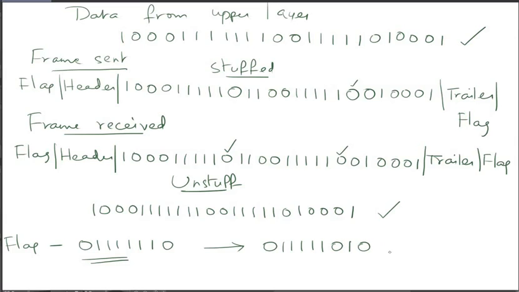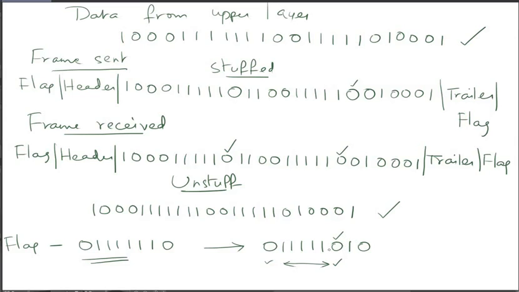In this case, the receiver will not mistake this for a flag, because this is the real flag. In the real flag we have 0 followed by 6 ones, again followed by 0. So in this bit stuffing method, after 5 consecutive ones, a single 0 bit is inserted, and this 0 bit doesn't belong to the actual data.